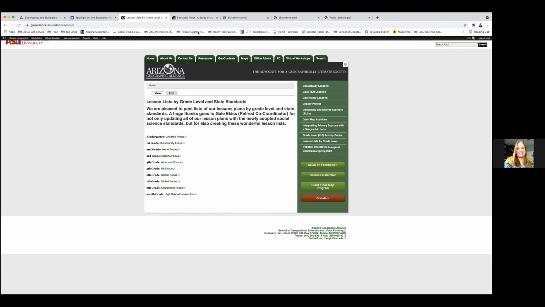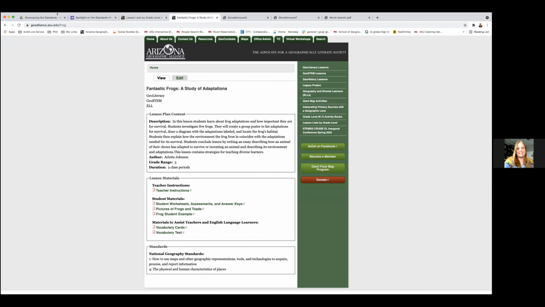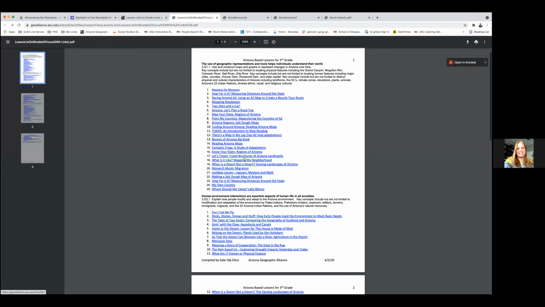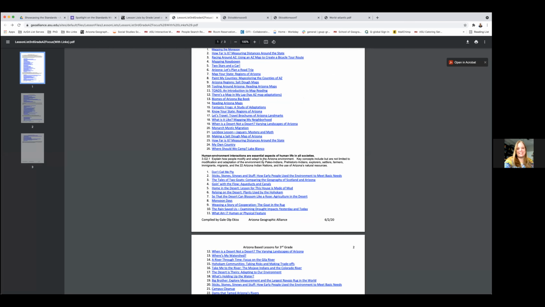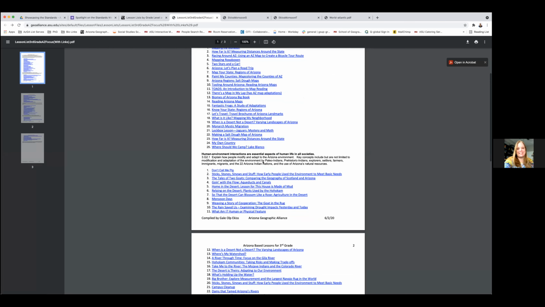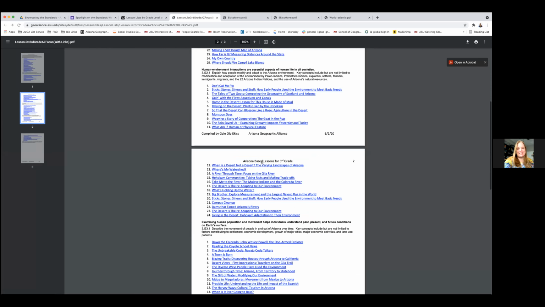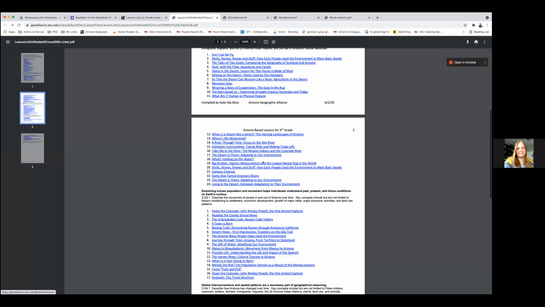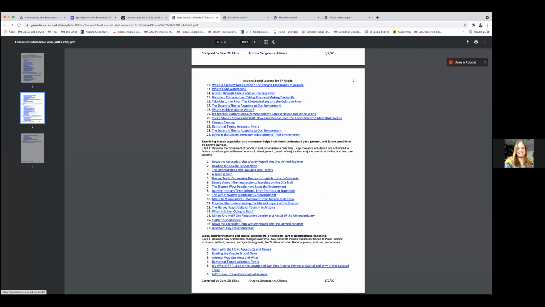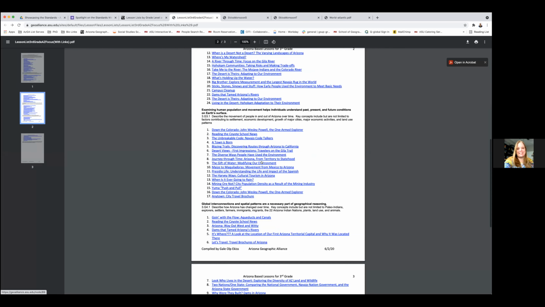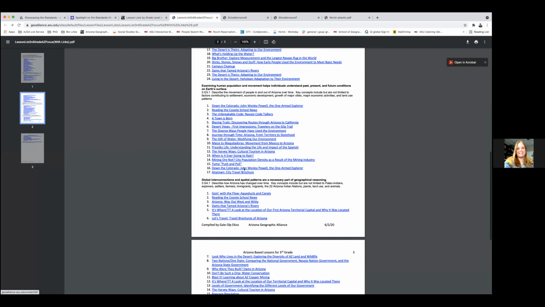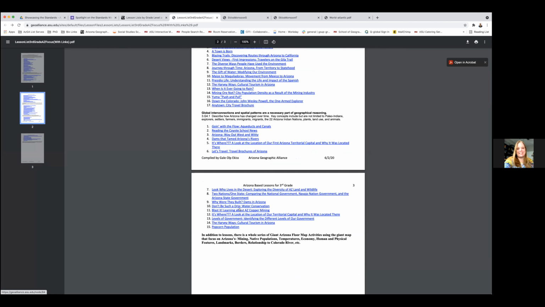But these are all lessons that are hyperlinked from that PDF that show those different standards. So human environment or interactions. Okay, there's 24 there. Examining human population and movements. Global interconnected and spatial patterns. All of these are there as well.